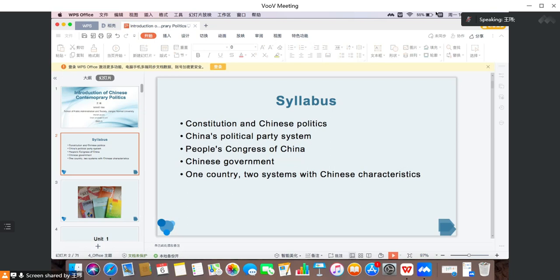So now, what we are observing, modern China, we have to think of what we call the general design of reform and opening up.